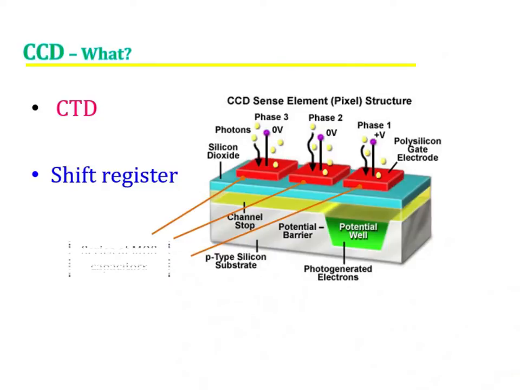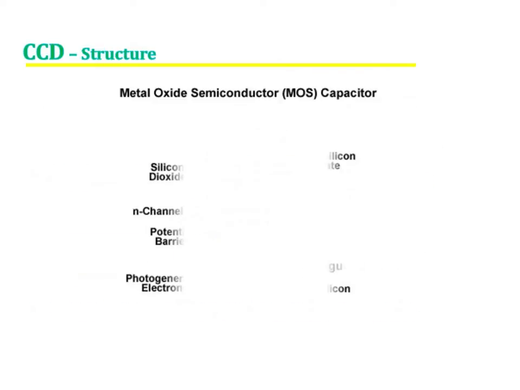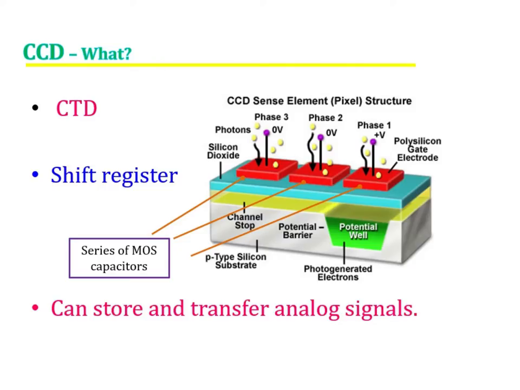And these electrons or holes can be introduced either electrically or optically. From the figure, you could notice that a CCD is going to be made up of a series of MOS capacitors. We will take one pixel of it, one component of the series, one MOS capacitor, and we will try to analyze its structure.